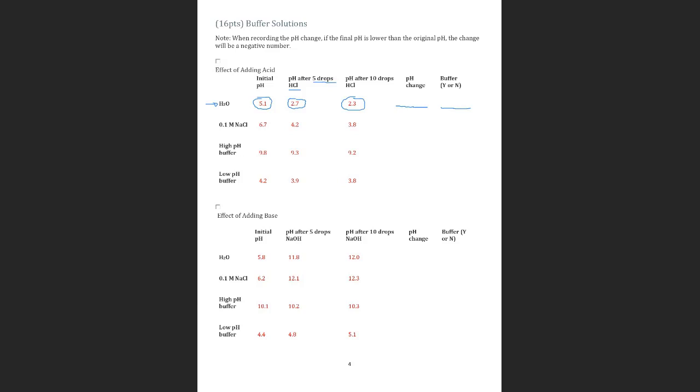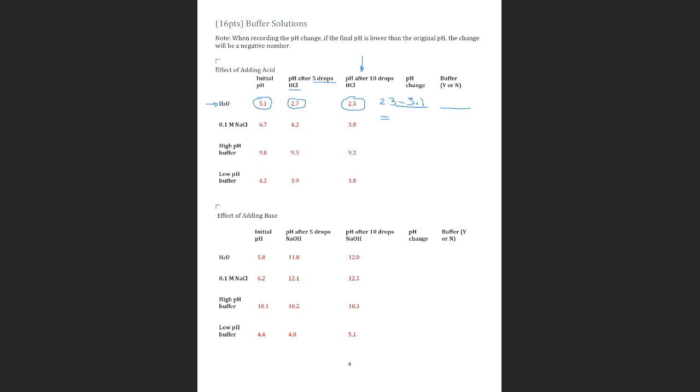They're saying when recording the pH change, if the final pH is lower than the original pH, the change will be a negative number. You will have different numbers than me, but after 10 drops, use this one. So for the pH change, you will do final, 2.3, minus 5.1.